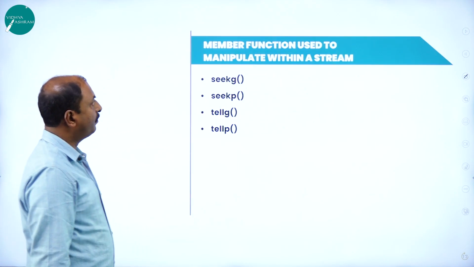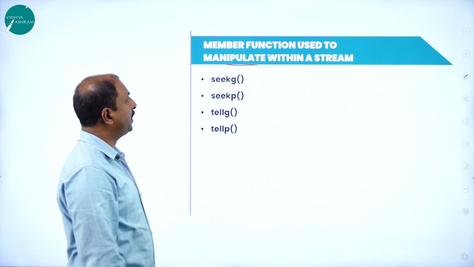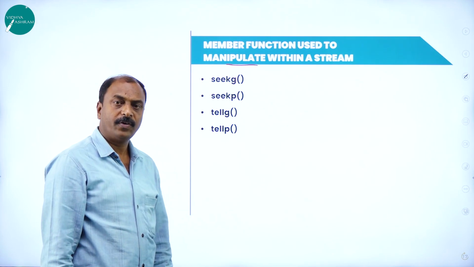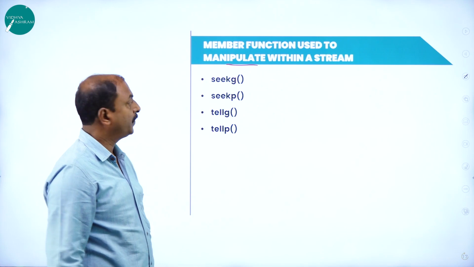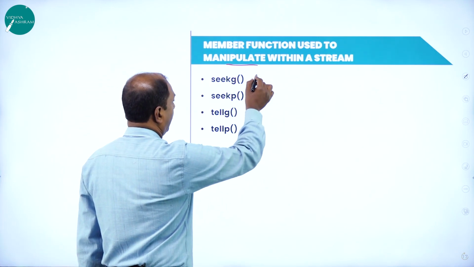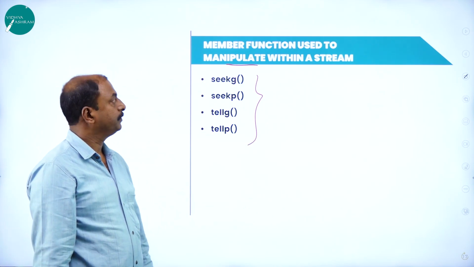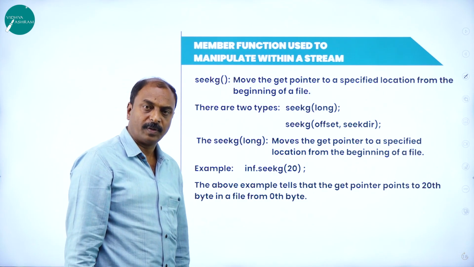In the next slide, we will see some of the different functions which we can use to manipulate within a file or within a stream. They are seekg, seekp, tellg and tellp. These are all different functions to work with files. Now let us see the definition of these one by one.